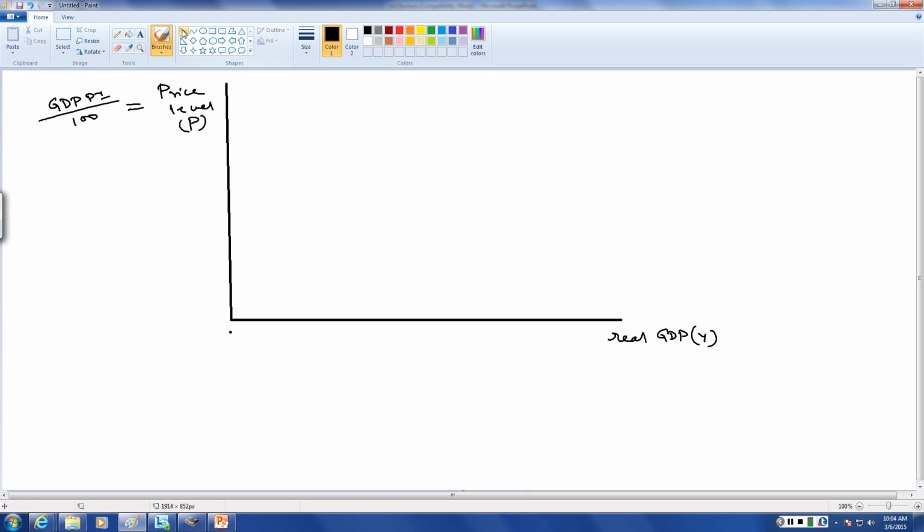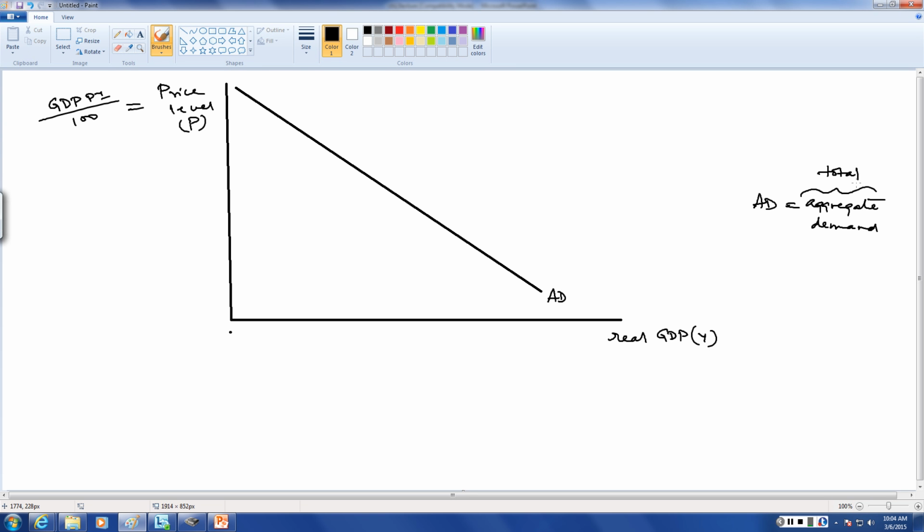Now we have here a demand curve, which we call the AD curve. AD stands for aggregate demand. The word aggregate stands for total. Then we have also, in this diagram, an aggregate supply curve, which looks like this. So AS stands for aggregate supply.